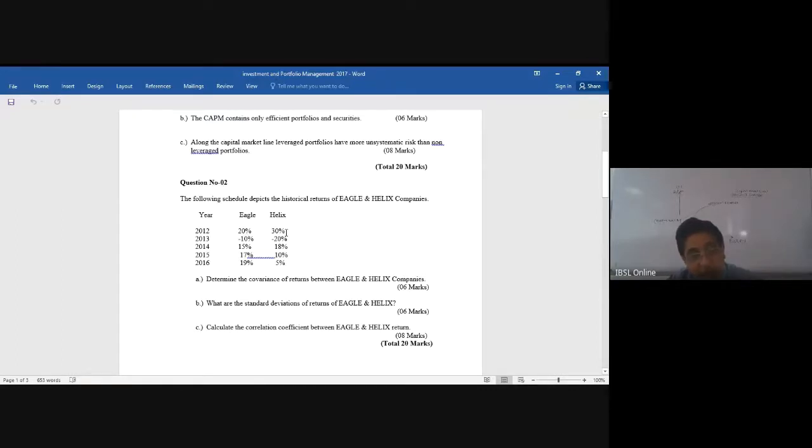After that, we get each value minus the average in another column for Eagle and Helix. Later on, we multiply these two, add it up and divide by 5. Then you get the covariance between Eagle and Helix.